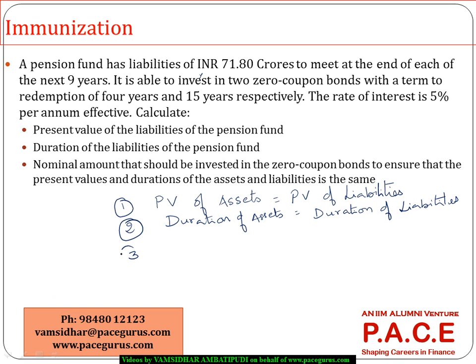Even if the interest rate changes slightly, we are not badly impacted because of our fund. And finally, the third rule is that the convexity of our assets is greater than the convexity of the liabilities. These are the three rules associated with the immunization of the fund.